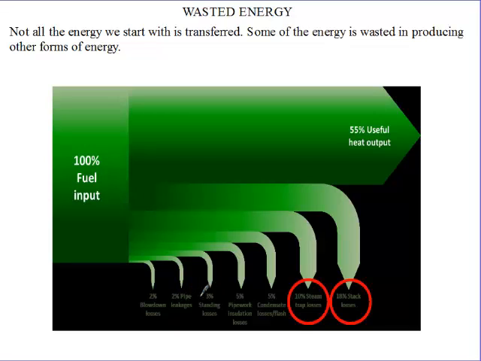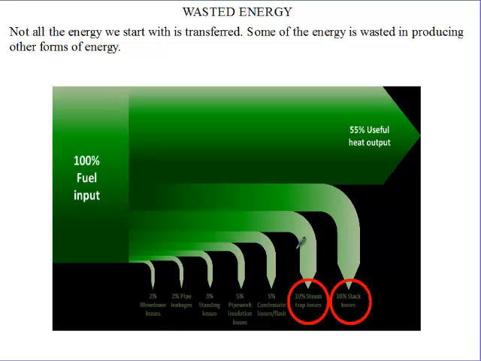Along the way, 3% will be lost in standing losses. Pipe work installations will also take 5% away. Condensate losses will take 5%. 10% steam trap losses. Over here, the 10% is very huge. And then a further 18% in stack losses.